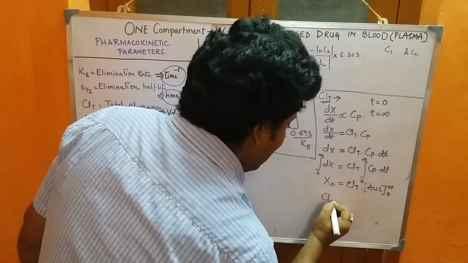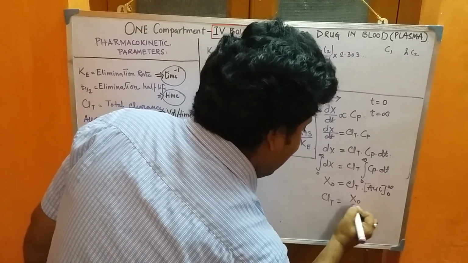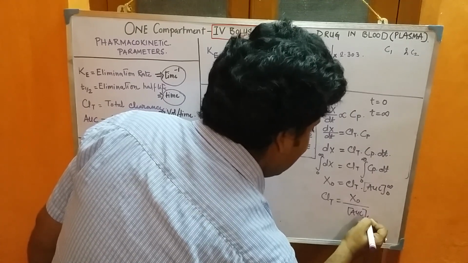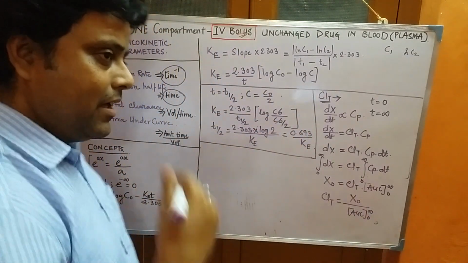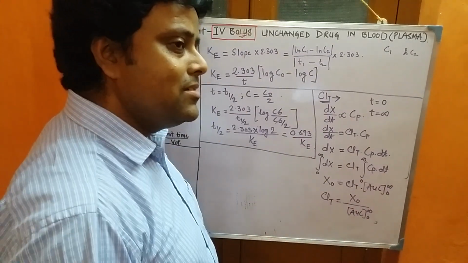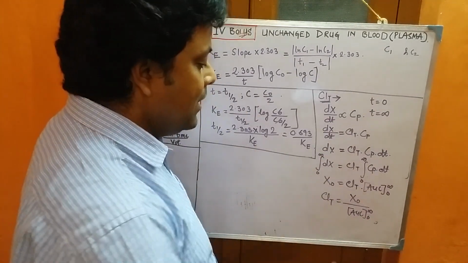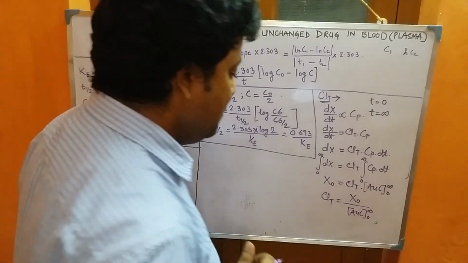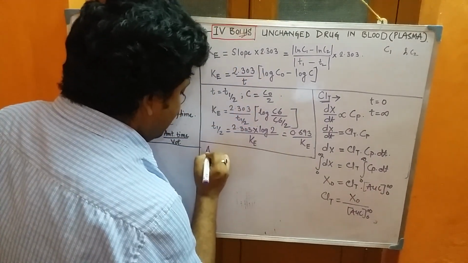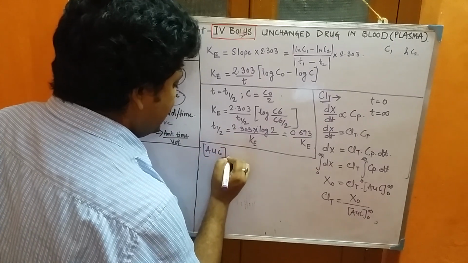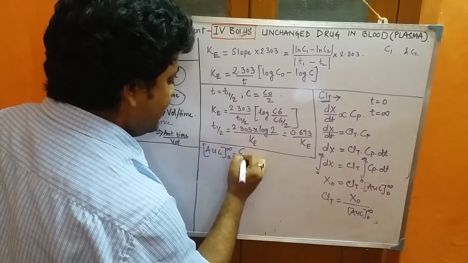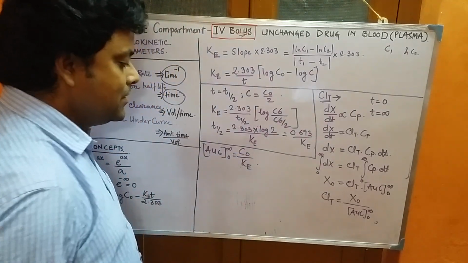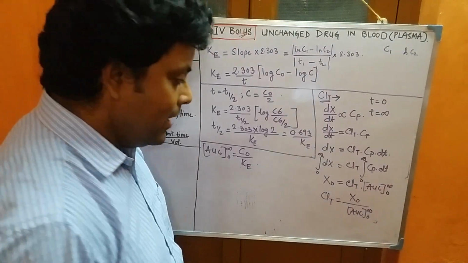Now if I say total clearance is what? X naught by AUC 0 to infinity. Again, please go through my previous video regarding the derivation of AUC, the link is provided with this video. You know that AUC is derived as C naught by Ke.